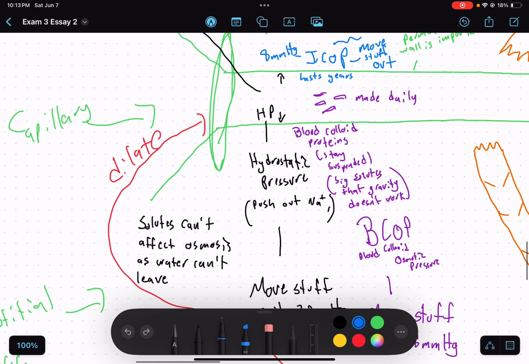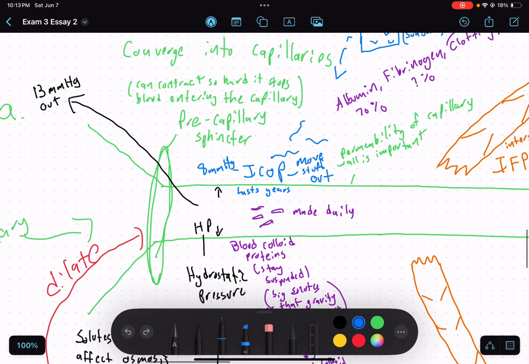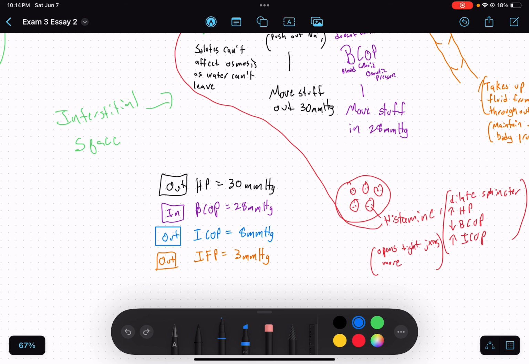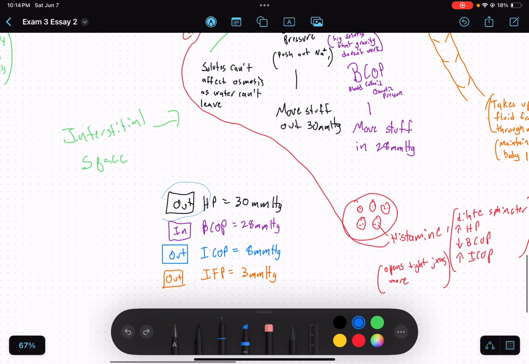And so the solute, we're going to have 30 milligrams of the hydrostatic pressure, and it's going to push stuff out of the capillary.